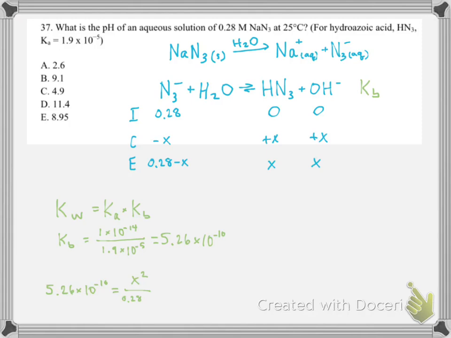Multiply over the 0.28, take the square root, and we find that x is equal to 1.21 times 10 to the negative fifth. And that's equal to the concentration of hydroxide.